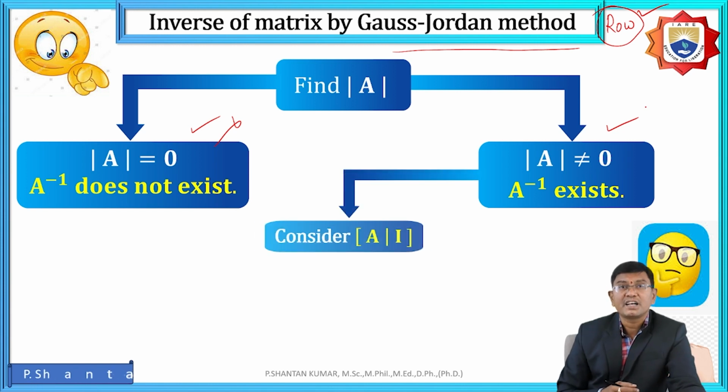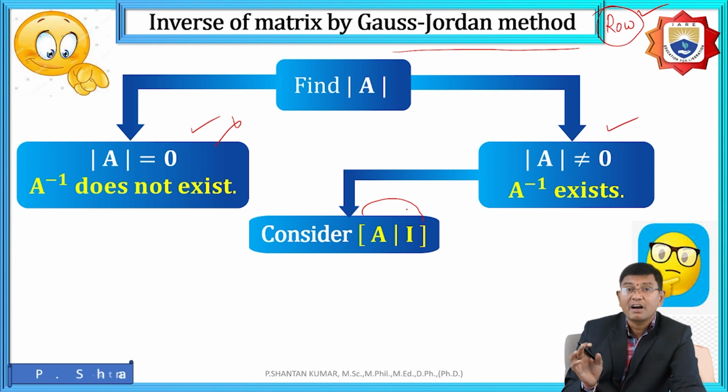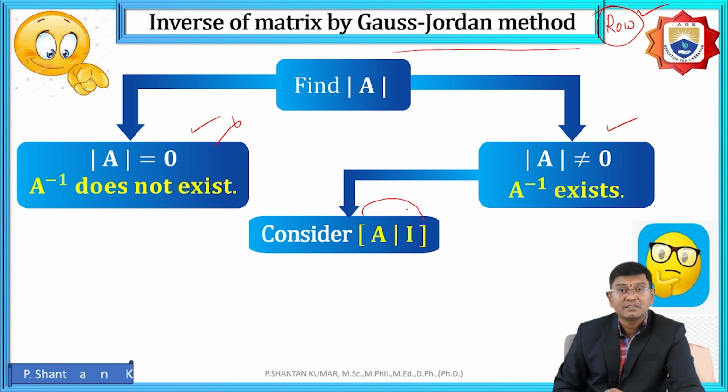First of all, we consider the matrix in the form A and I, that is, an augmented matrix, where A is the given matrix and I is the unit matrix of the corresponding order.